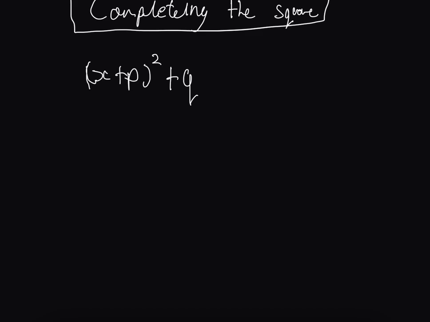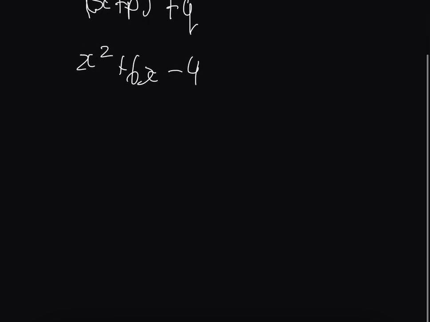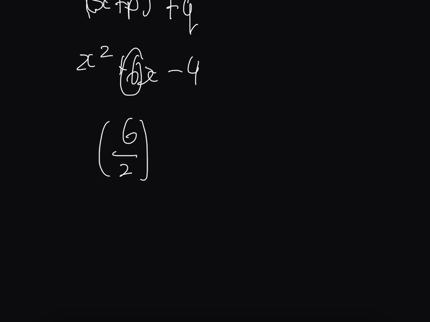Let's do x² + 6x − 4. This is a quadratic. So the first step to completing the square is to take the coefficient of x, which is 6. We divide this by 2 and we square the whole thing.